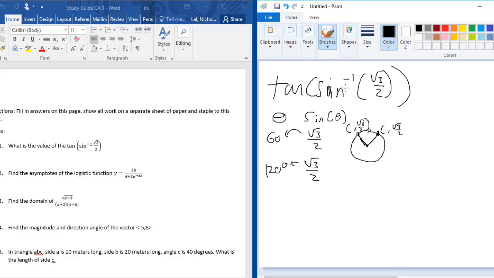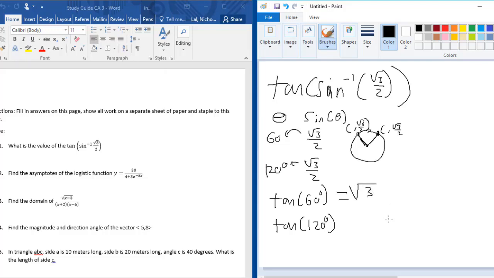And now that we know the inverse sine of root 3 over 2 could be 60 degrees or 120 degrees, what we can evaluate is either the tangent of 60 degrees or the tangent of 120 degrees. And here, the tangent of 60 degrees, once again, I just know this from my unit circle. That's going to be the square root of 3.